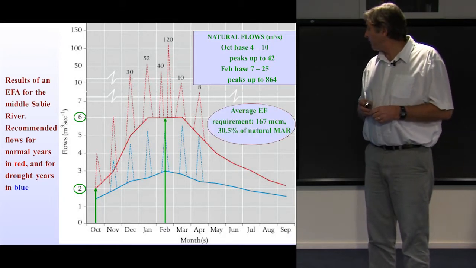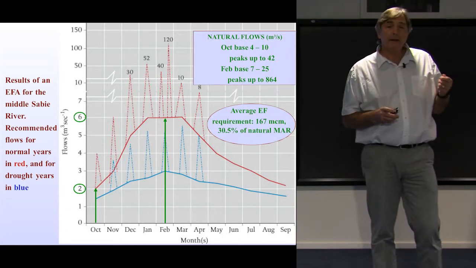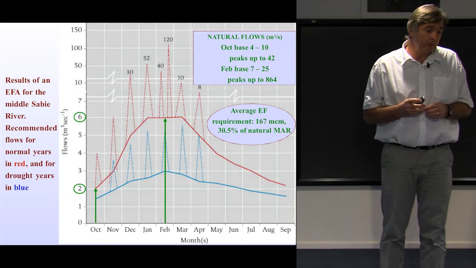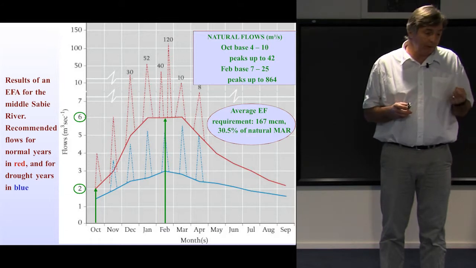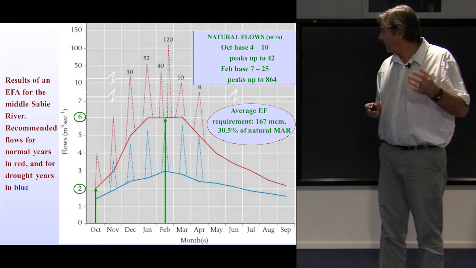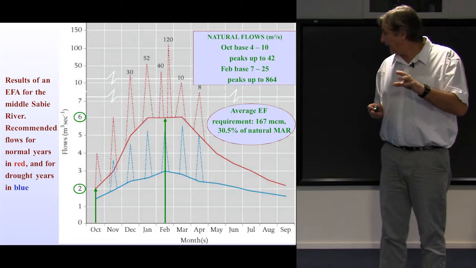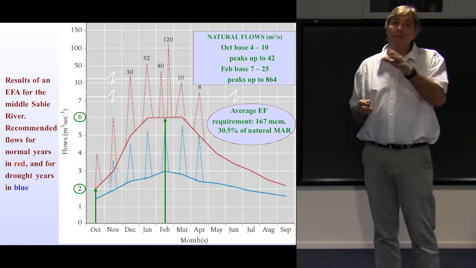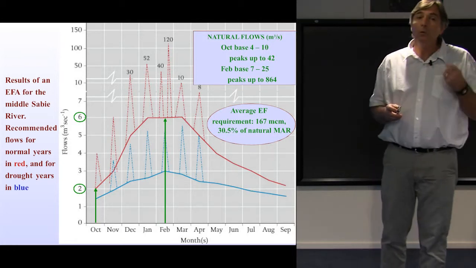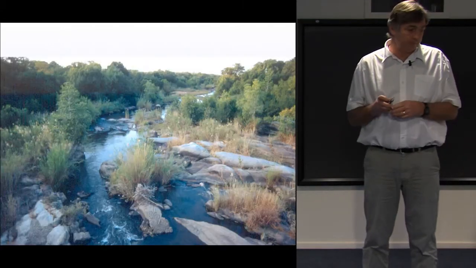So the average environmental flow requirement would be 167 million cubic meters per year, or 30.5% of the natural mean annual runoff, MAR. Okay, so a lot of water can be taken out of these rivers in the opinion of the specialists who did this assessment without significantly modifying the condition of the river.